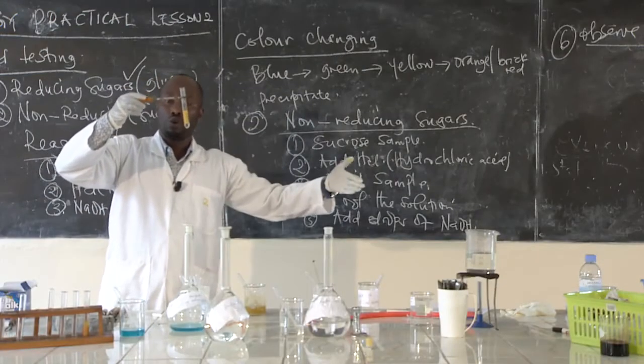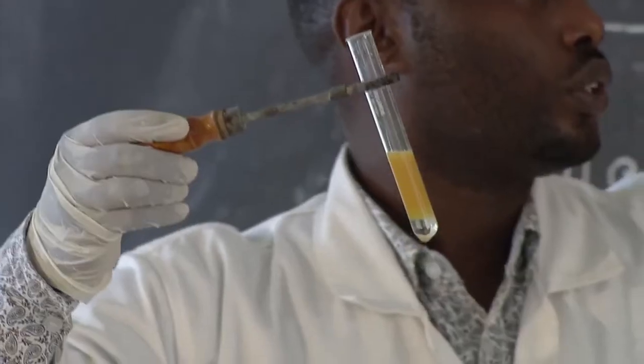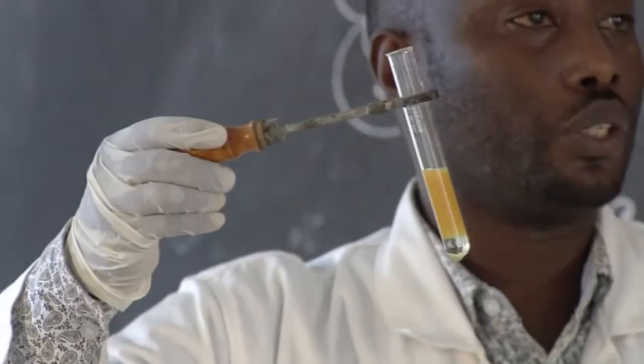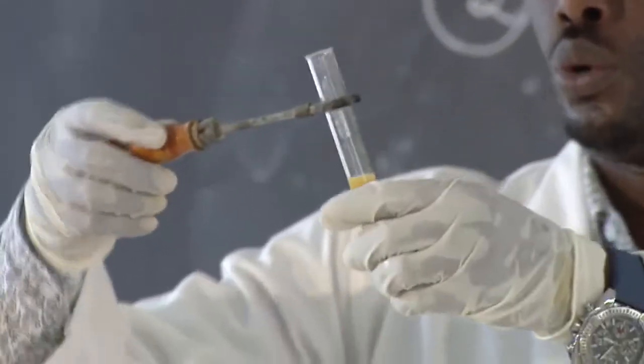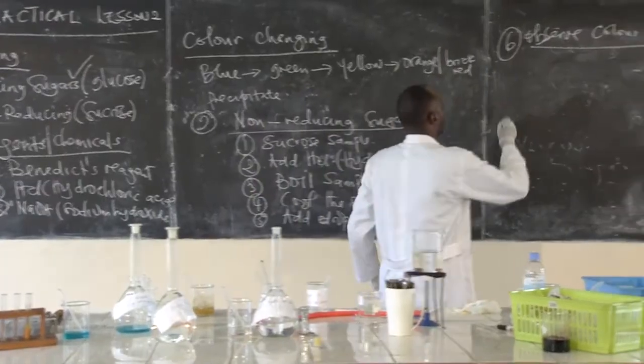It has changed from blue to yellow, then finally to orange, which indicates the presence of non-reducing sugars. So we can say, color changing.